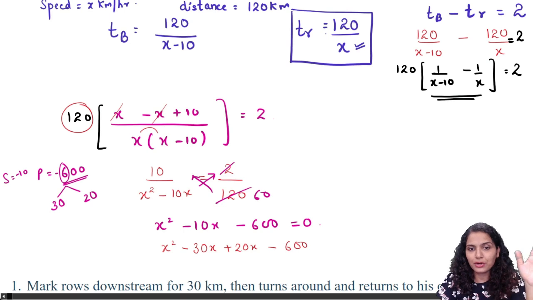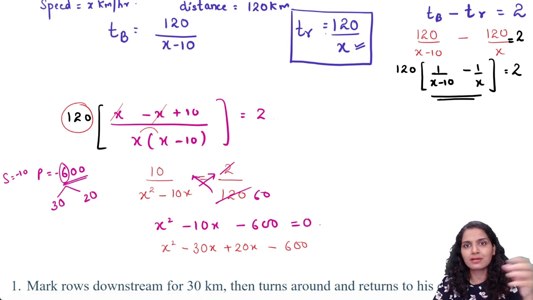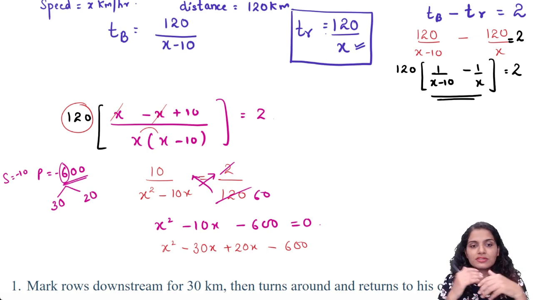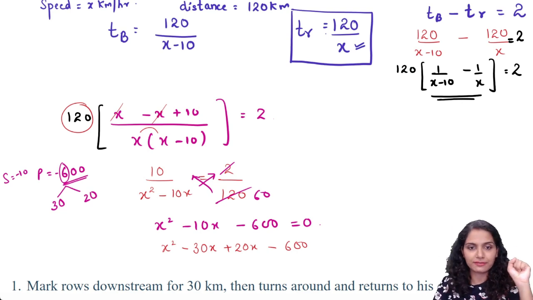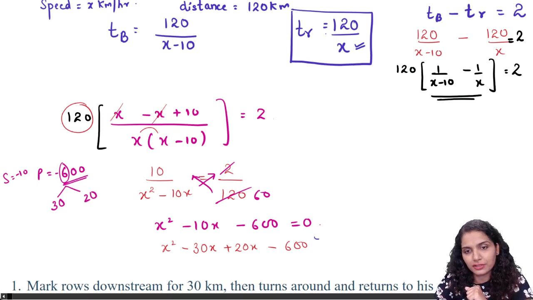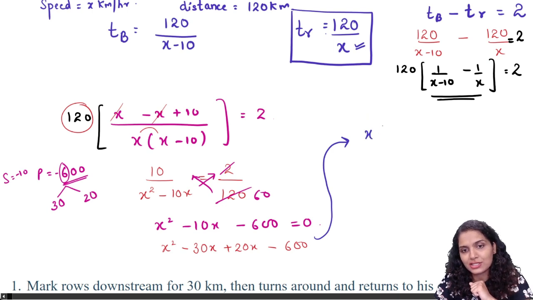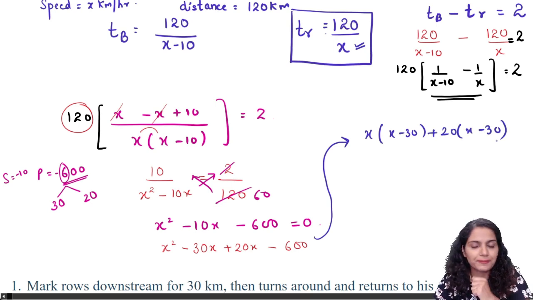Okay, how did we get this? Because the product is negative, any of the numbers can be negative. The sum is negative, which means the greater number has to be negative, right? With a negative sign. That's why negative 30. Let's solve it further. I can take x common and it will be x minus 30, plus 20 common and it will be x minus 30 again.